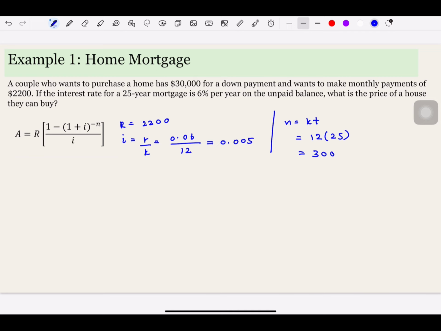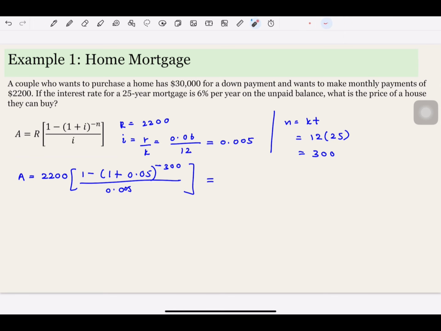So now you have your R, i, and n, and you can plug these values into your formula. A is equal to 2200 multiplied by 1 minus (1 plus 0.005) to the negative 300, divided by 0.005. I was missing a 0 there.